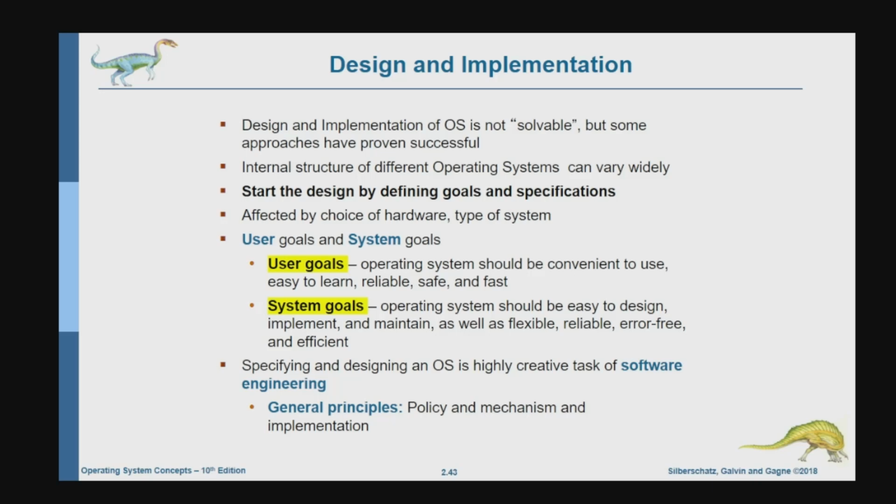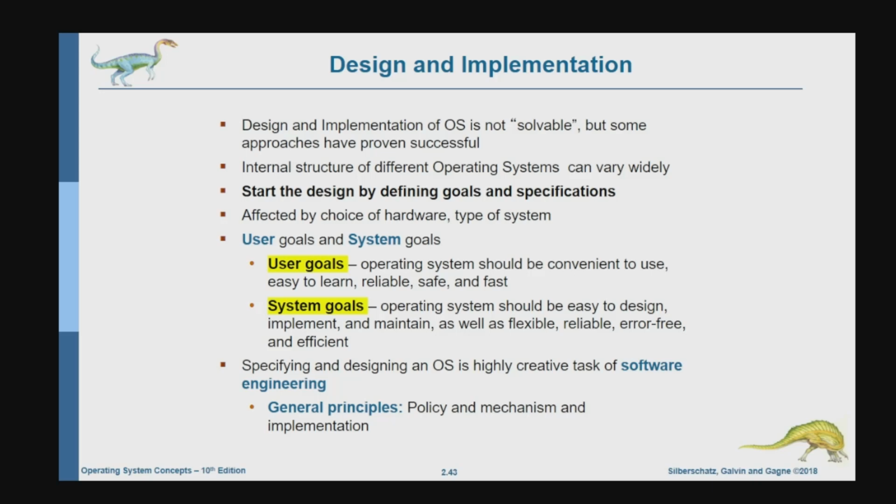Another part is about the system goals. The operating system should be easy to design. In terms of the system, easy to design, because a complicated system is quite hard to maintain. So easy to design, implement, and maintain. The same thing goes when you create your program later on, or your application in another subject or in your final FYP project.